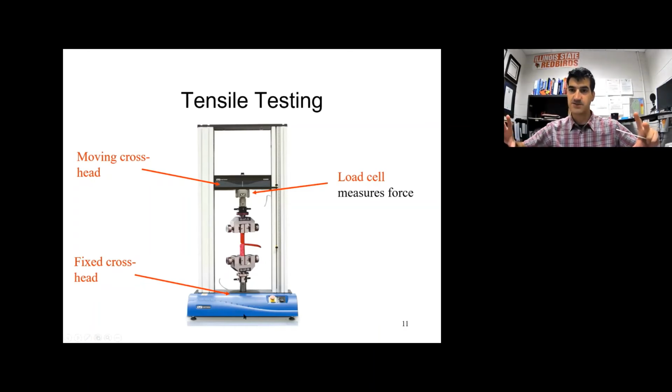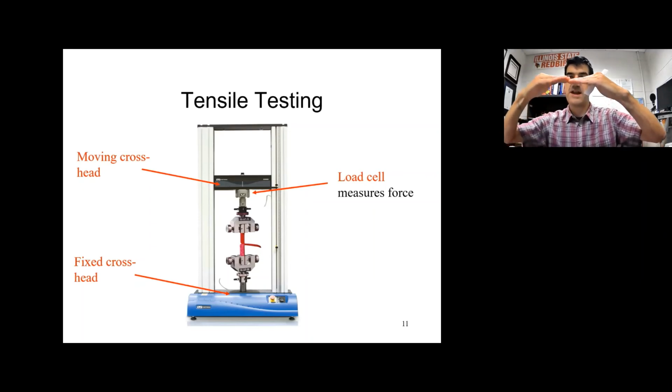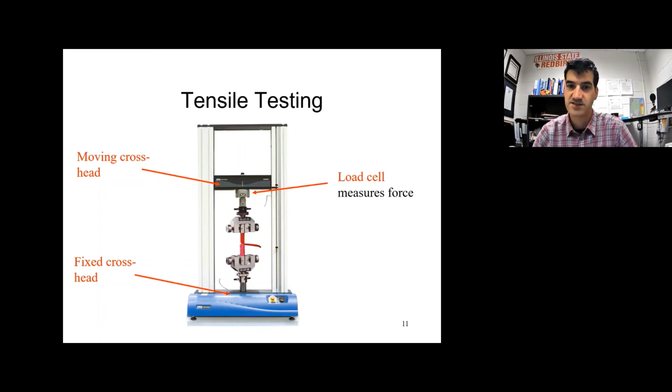It goes across the machine and it's fixed. This part is not moving. What's moving is this part right here, slowly moving up, and as it moves up, it's stretching the specimen. Whatever's in the grips, the jaws, it's slowly pulling it apart. These are the jaws right here and right here. And the measurement of how much force is applied is by this gauge right here.